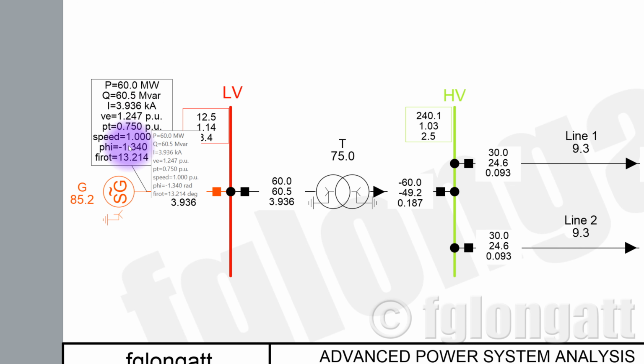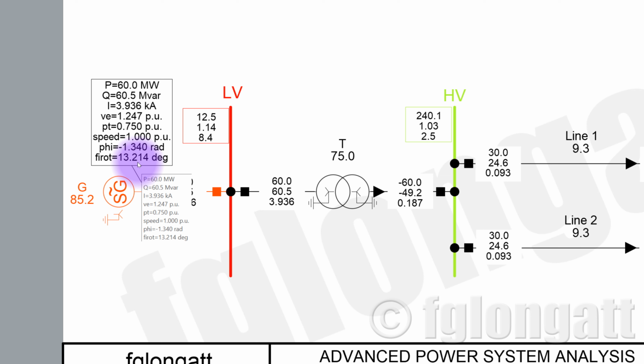Also, when we run the initial conditions, we can obtain the internal angle of the machine. We can check again with the previous video, and the angle is 13.214. Well, coming back to my explanation, we have done nothing relevant at the moment.